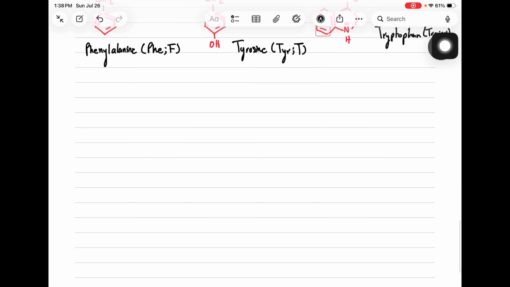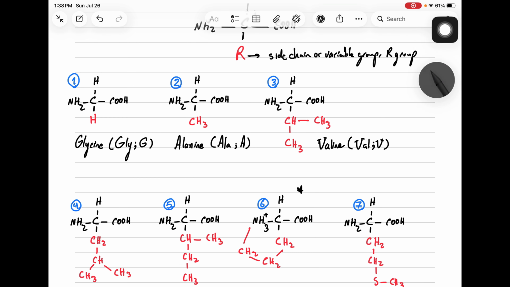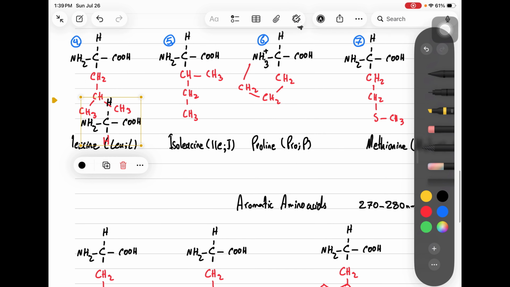We have 5 of them. The first one, the most important one basically, kind of, is cysteine, but we're going to follow the same pattern.